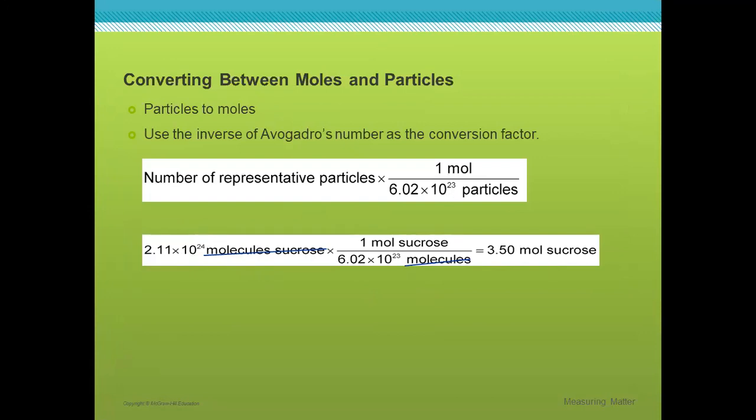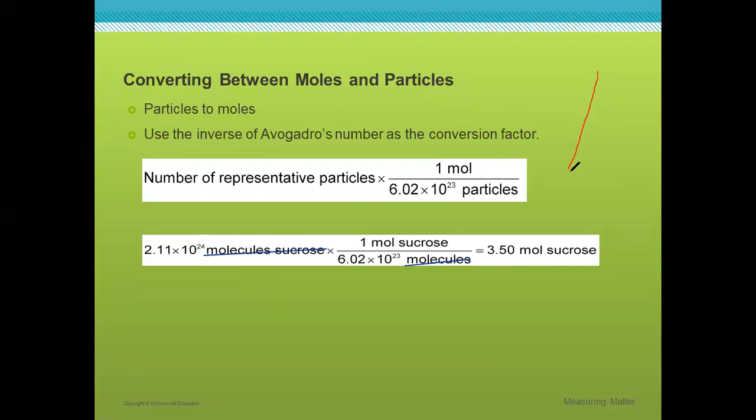Vice versa. If it's vice versa, it's a triangle, as we said. Can we draw it like this? This is the triangle. So number of moles equals number of molecules divided by Avogadro's number.